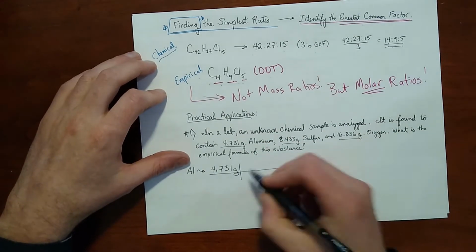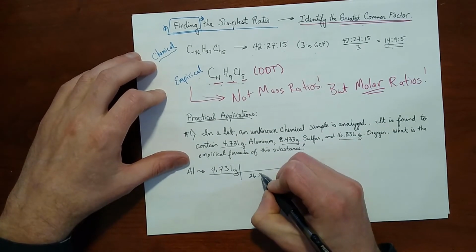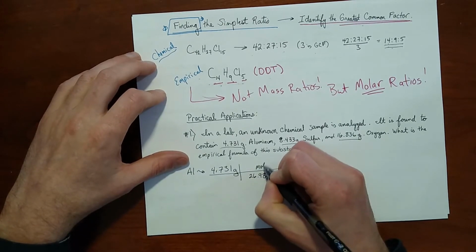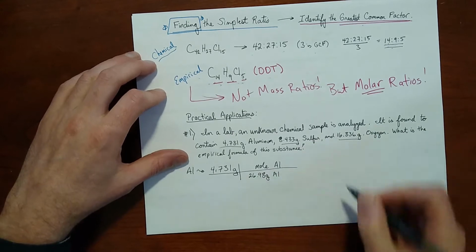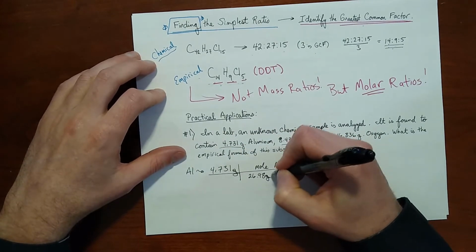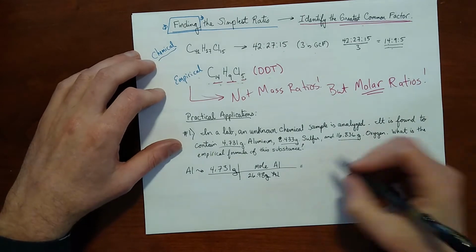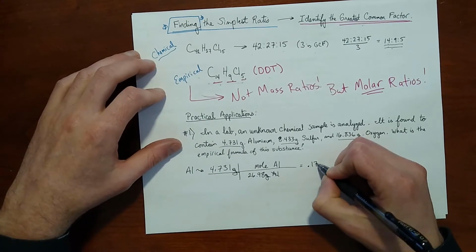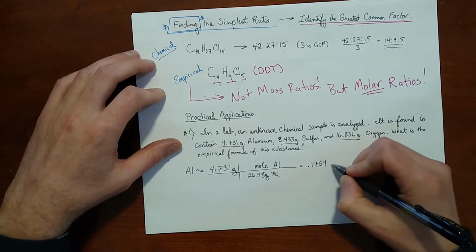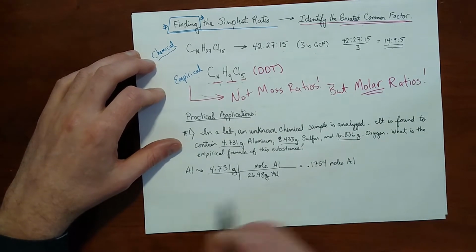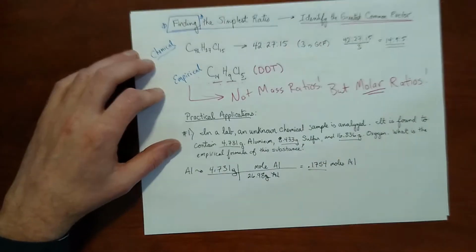And in aluminum, there are 26.98 grams of aluminum per mole. So that means this mass quantity of aluminum is going to be equivalent to 0.1754 moles of aluminum. So there, I have one number for my molar ratio already.